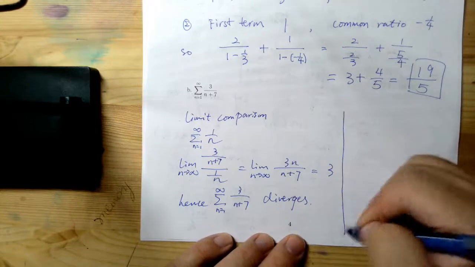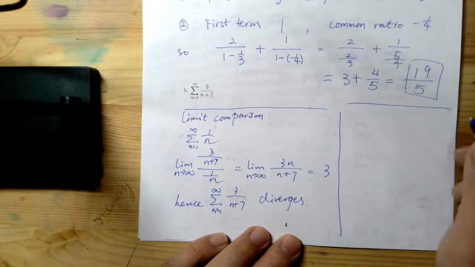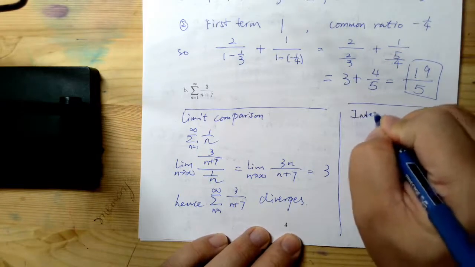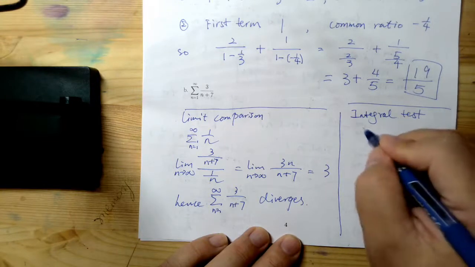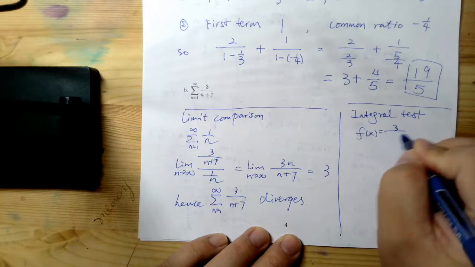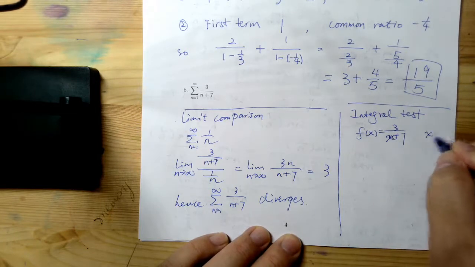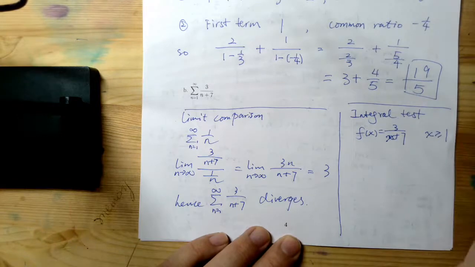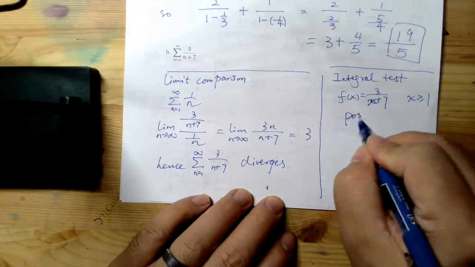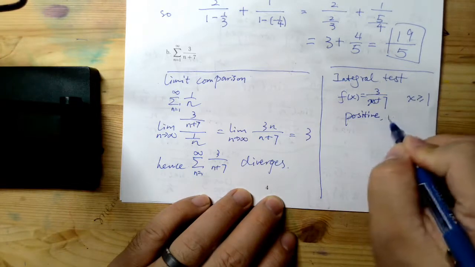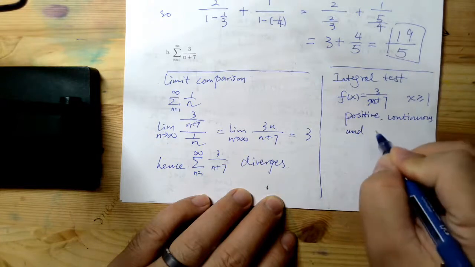The second way, what we can do here, is apply the integral test, right? The corresponding function is f(x) equals 3 over x plus 7, for x greater than or equal to 1. It's very easy to prove that the function is positive, continuous, and decreasing.